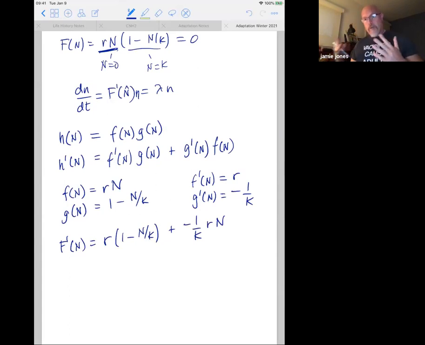Now, that's generically capital F prime of n, but what we want is f prime of n at the equilibria, right? F prime of n hat.